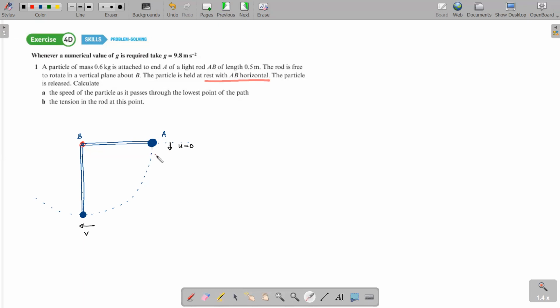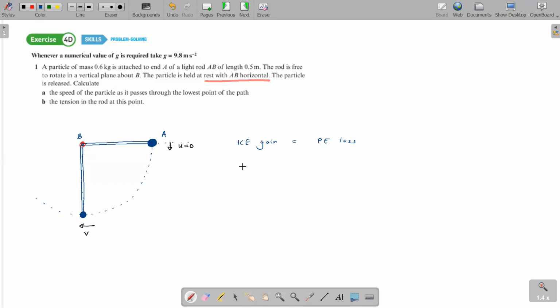So basically, you could say initial energy equals final energy. Or you could say the kinetic energy gained, because you're gaining speed, should be equal to the potential energy lost, as you're moving downwards. So you could say KE gain is equal to the PE loss.